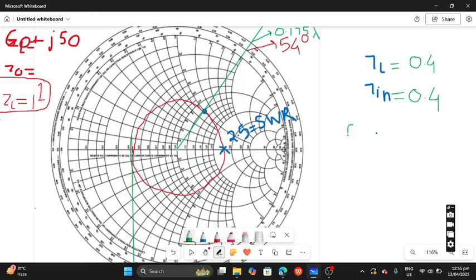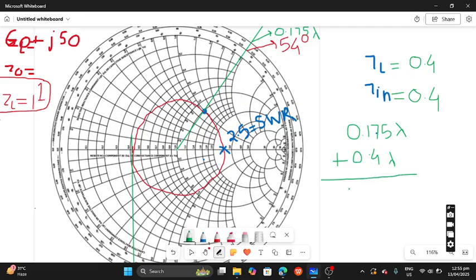Now I will write it here: 0.175 lambda, and you will be given a point here, and you have to add that point here. It is 0.4 lambda.